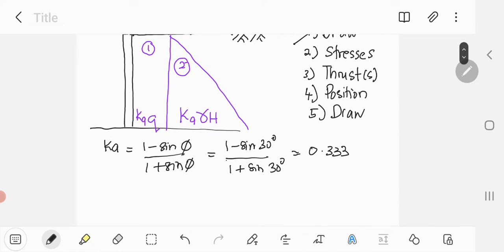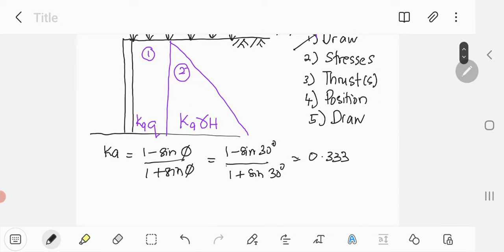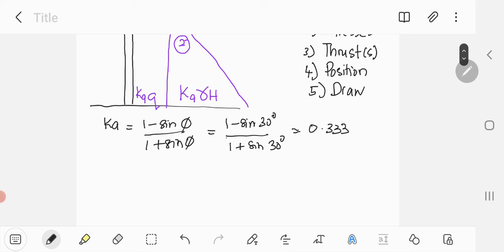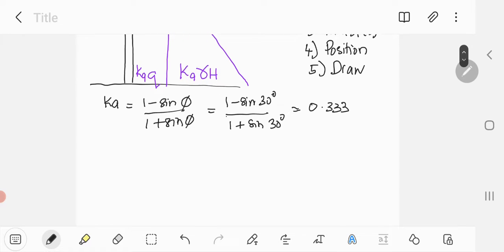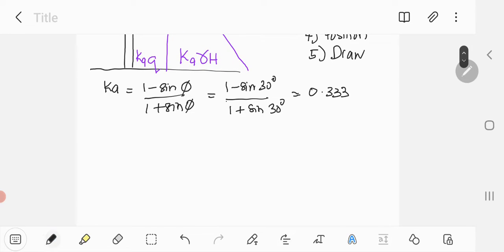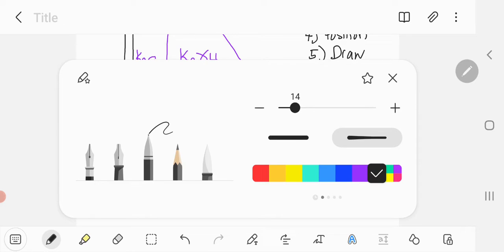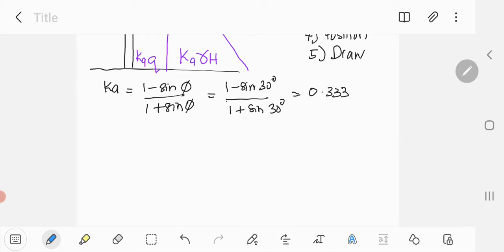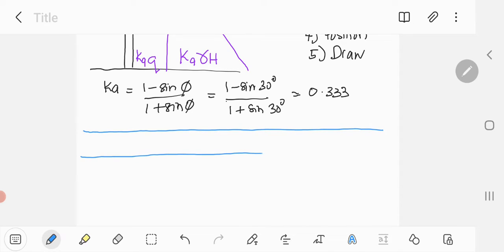Okay, because when you have more than one element, I suggest making a table so that we can organize all the answers in a proper way. Okay, this is the suggestion. So you can draw the table here.